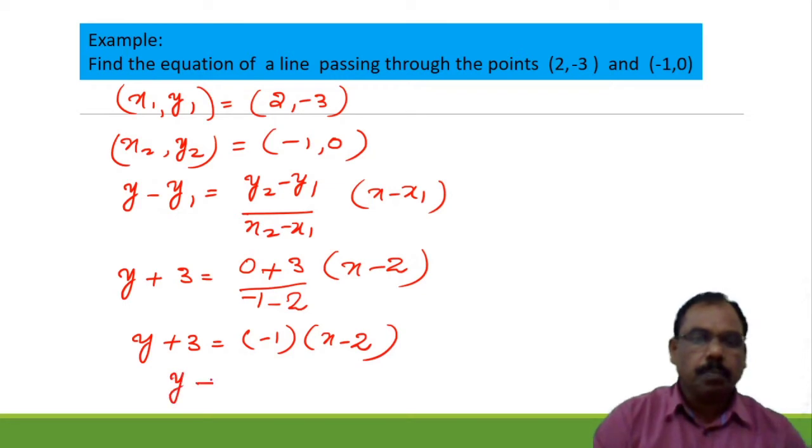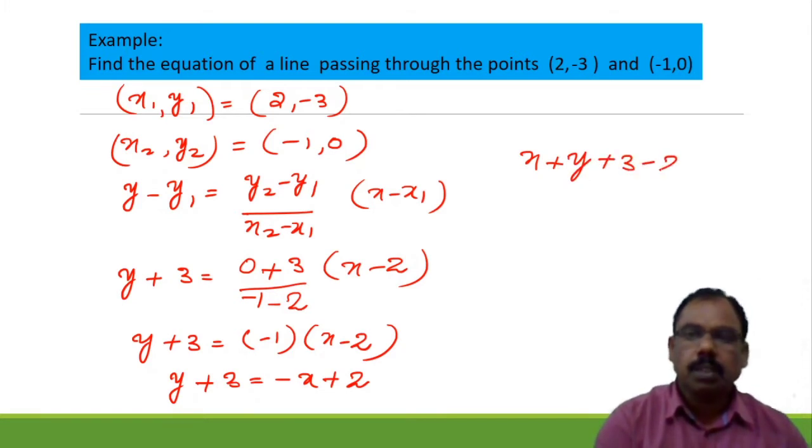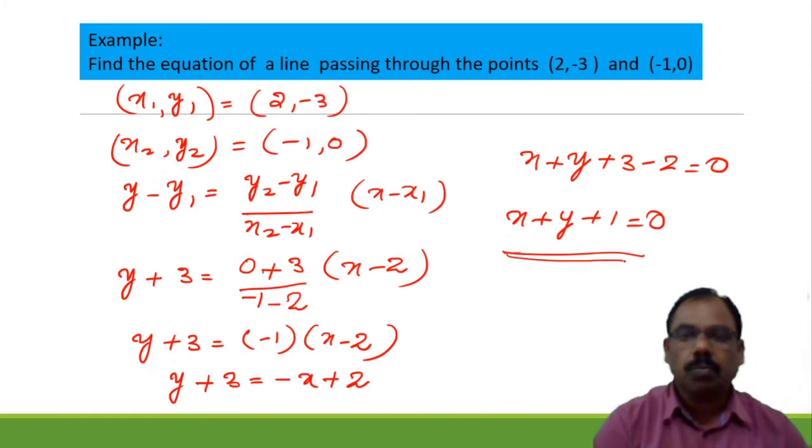Again, y plus 3 is equal to minus x plus 2. Bringing to the left hand side, we get x plus y plus 3 minus 2 equal to 0, or x plus y plus 1 is equal to 0. This is the equation of the line that is passing through the points (2, -3) and (-1, 0).